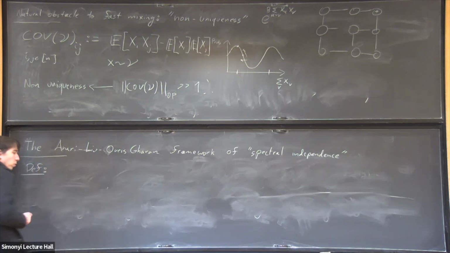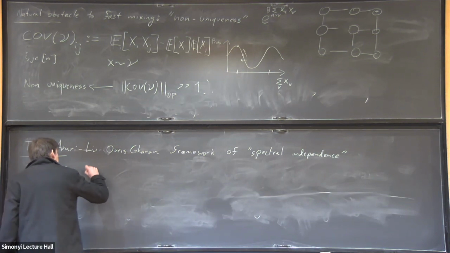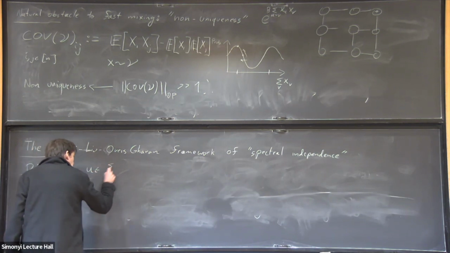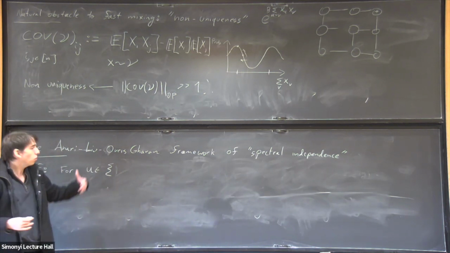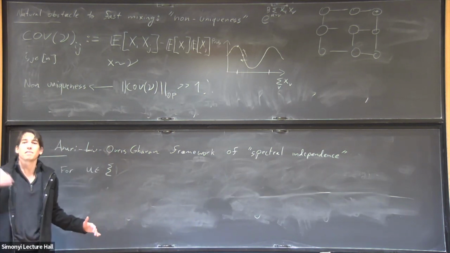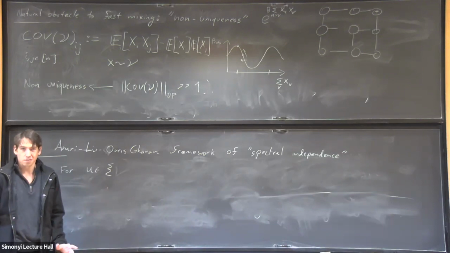Let's define what pinning is. So we're now in the discrete hypercube, but all of what I'm writing here will have analogs in R^n and also in other spaces.